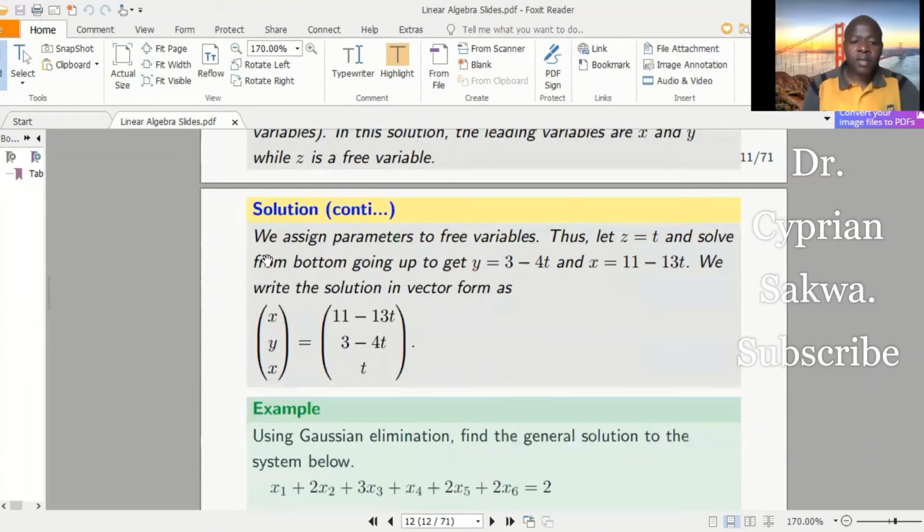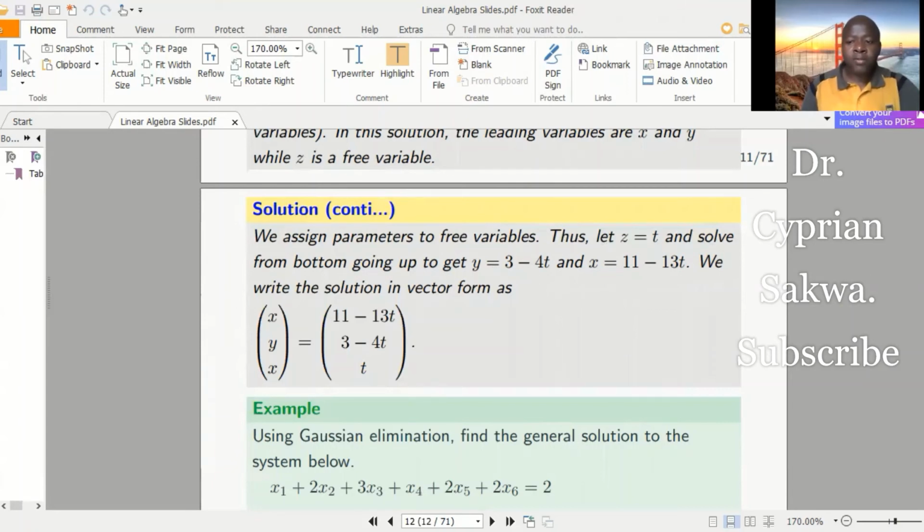So we assign parameters to free variables. For example, we can let z be t, where t can be 1, 2, 3, 4, and so on, or negative 10, and so on. It is any number. And we solve from the bottom going up.